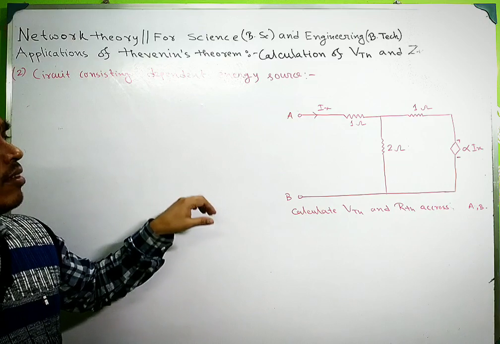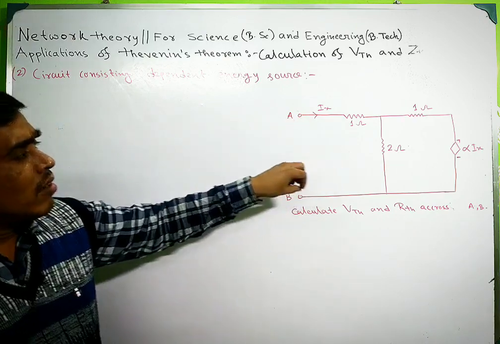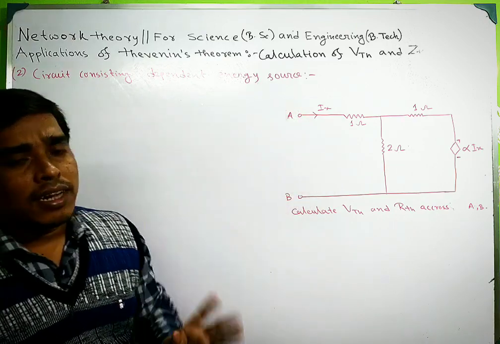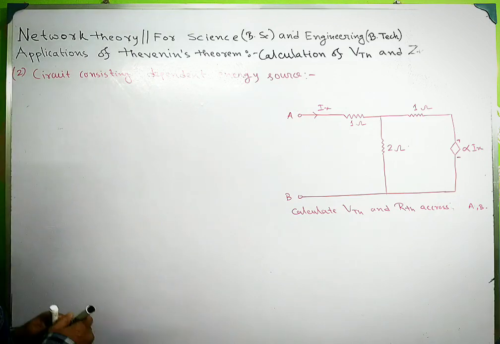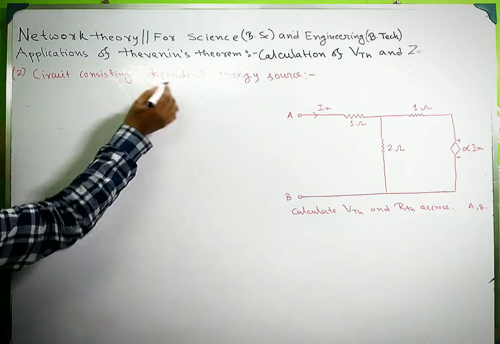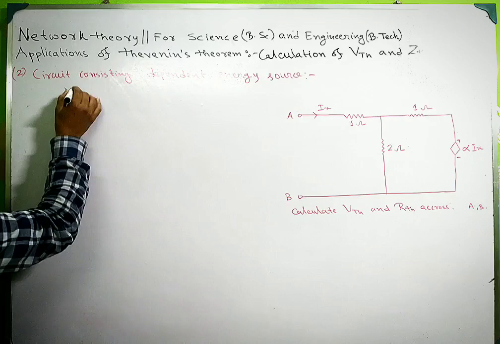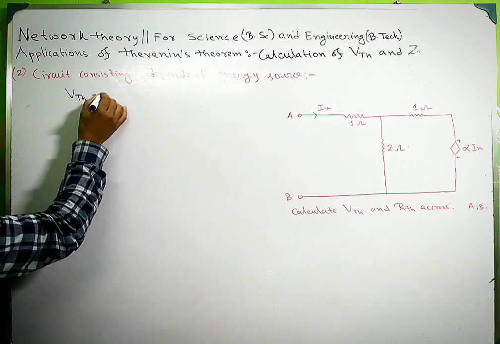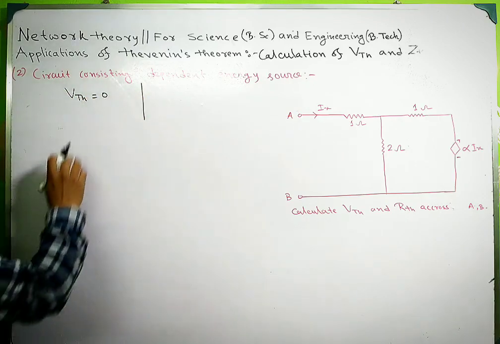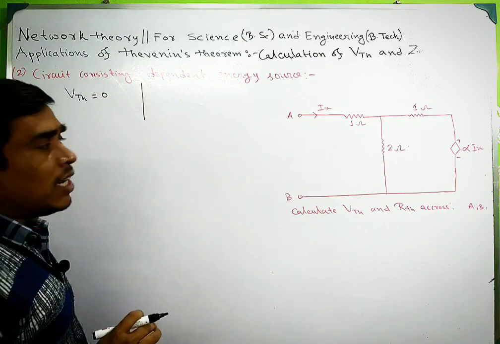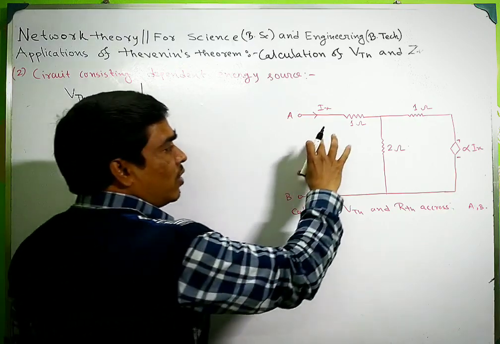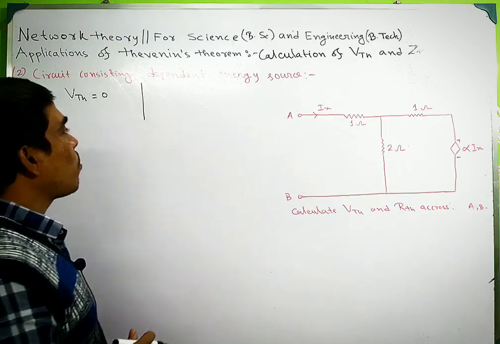So in this circuit, how do we calculate VTH and ZTH? If a circuit consists only of a dependent energy source, the VTH will be 0. How VTH becomes 0, I will discuss using this problem later.